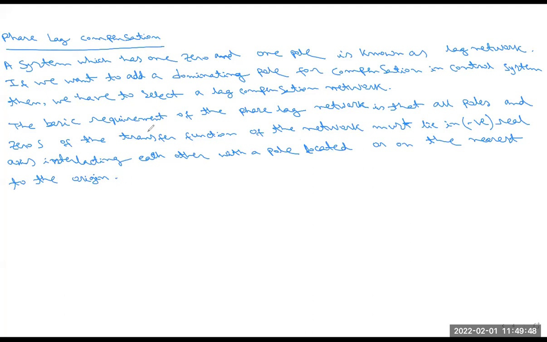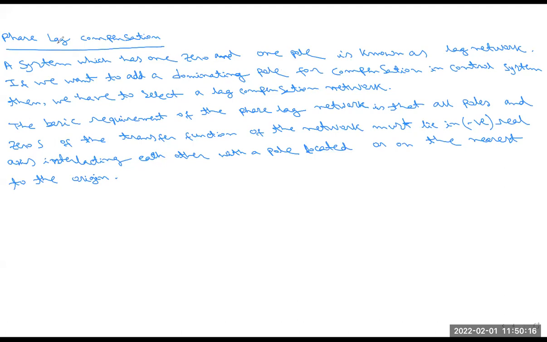I repeat once again, a system which has one zero and one pole is known as the lag network circuit. And if you want to add a dominating pole for compensation in our control system, then we have to use this lag compensation circuit.